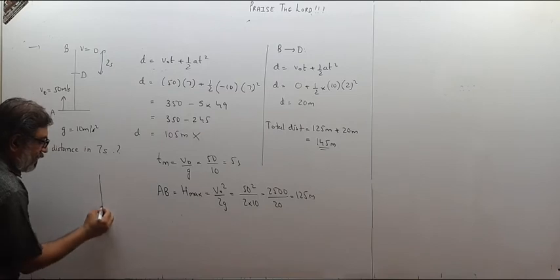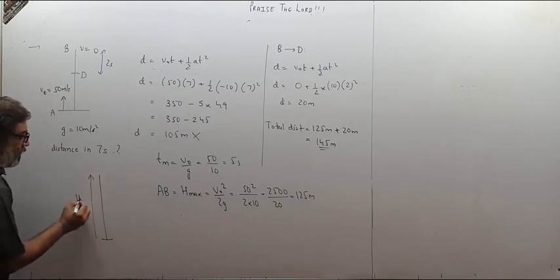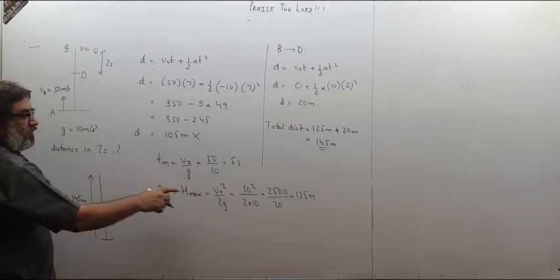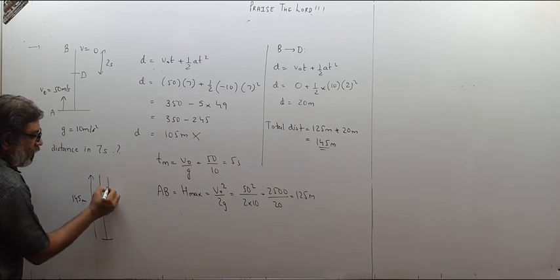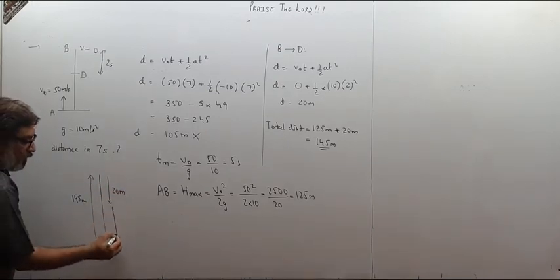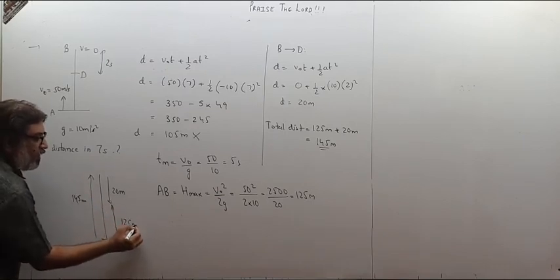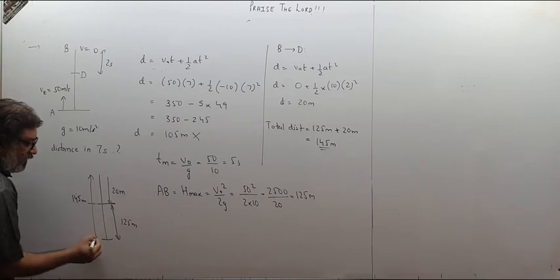Now see children what happened. The stone went from here, it traveled a distance of 145 meter. The maximum height, this much. And then it came down by how much? 20 meter. So how much is left out? 145 minus 20, how much? 125 meter. This is the final position and this is the initial position.